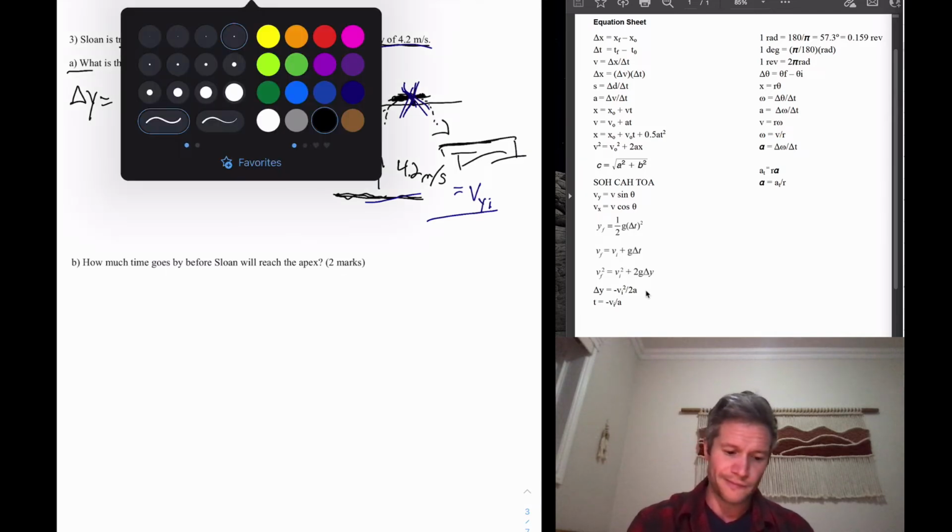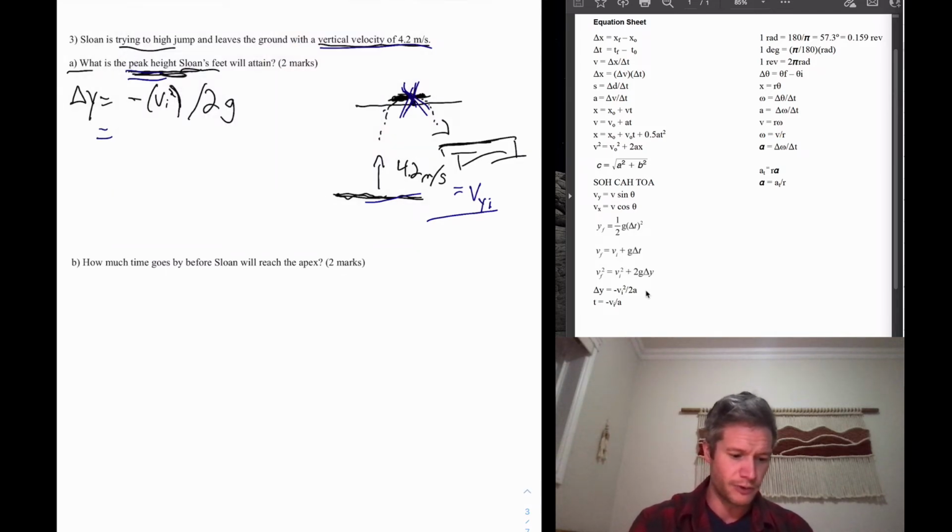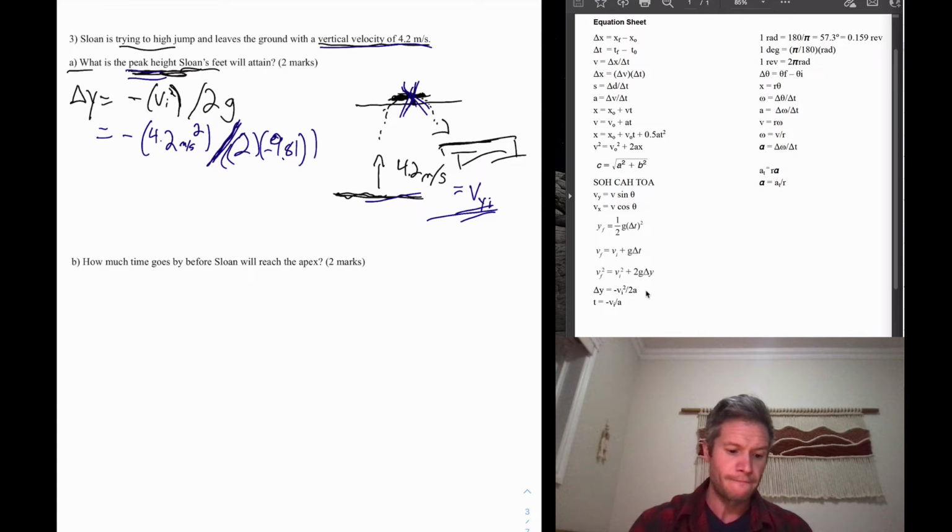I'm going to come back to that, but that's just a little foreshadowing to keep in mind. Great, rocking along. So let's put in what we know. Our initial velocity on the y-axis we said was 4.2 meters per second, and that's squared, all of that term. Then we divide that by 2 times gravity, which is negative 9.81. I'm going to treat that all as one calculation. We want to calculate the squared component without the negative sign in there.